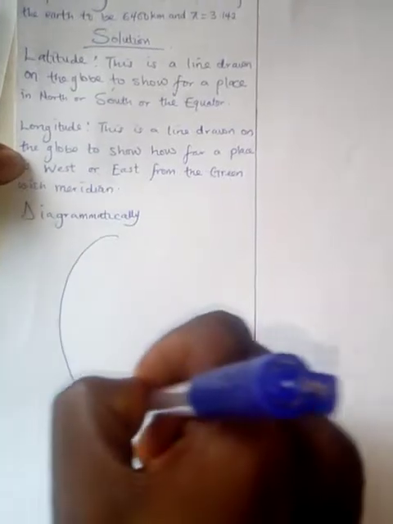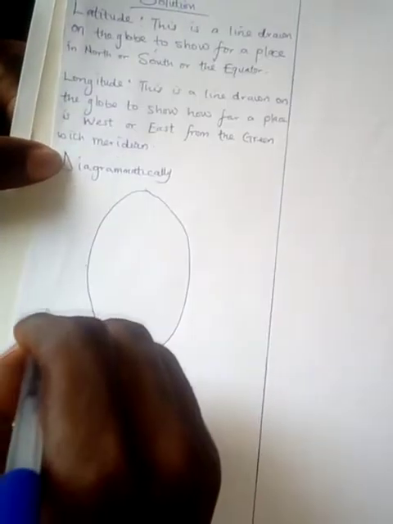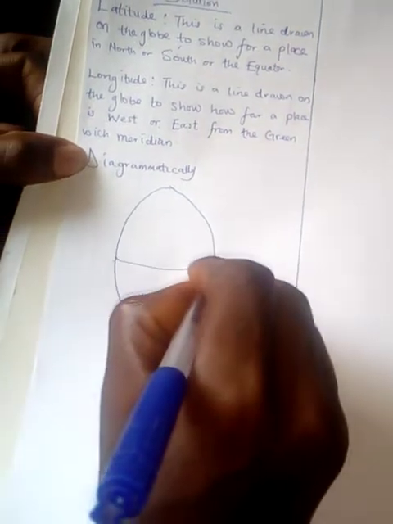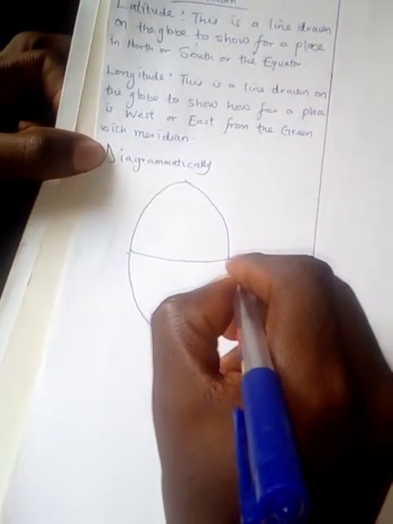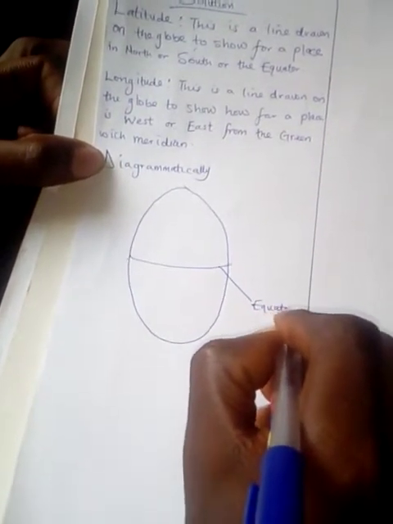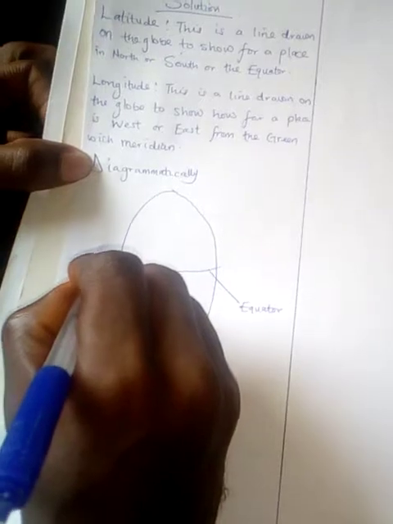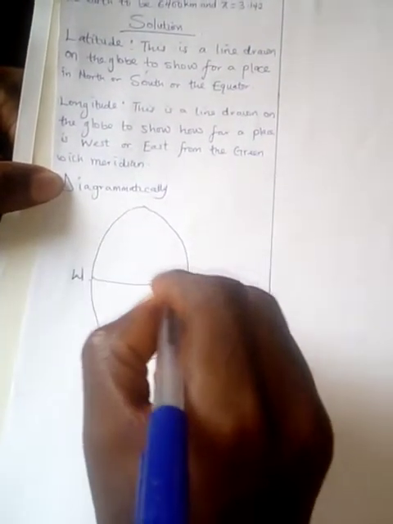So I will have something like this as my globe. This line is called the equator. This is my west, and this is east.